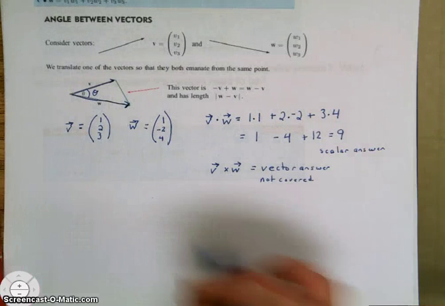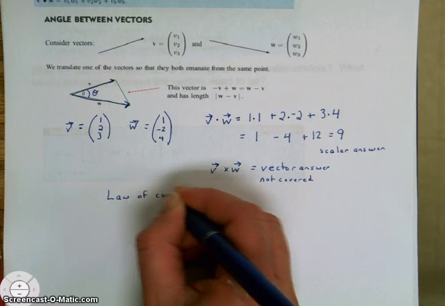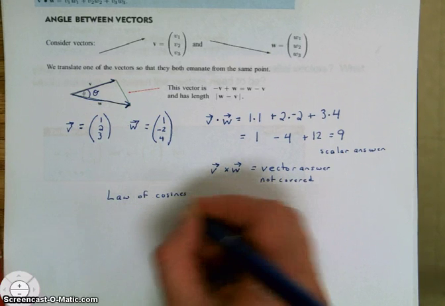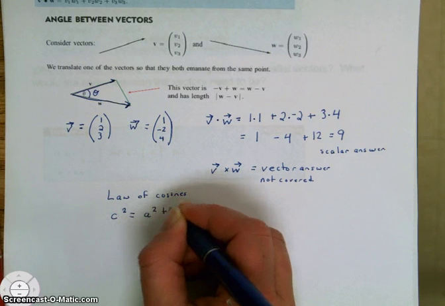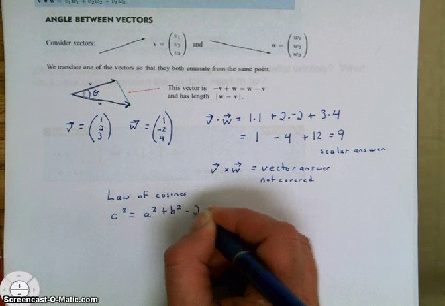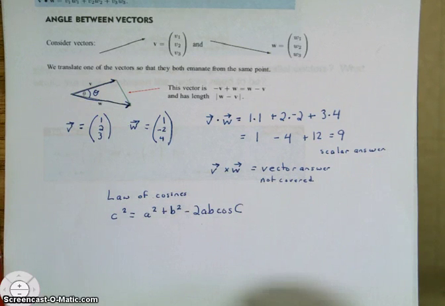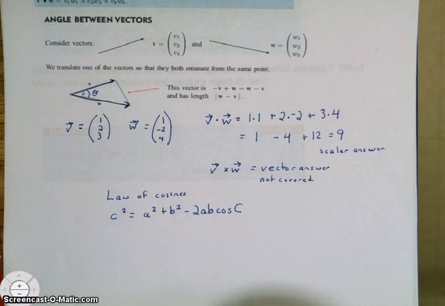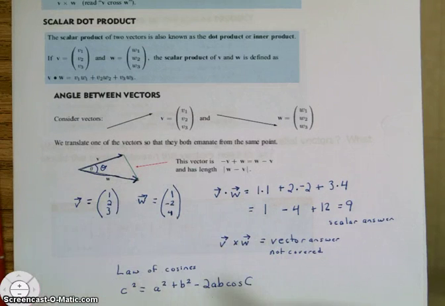Remember back, you have the law of cosines because we have a nice little triangle there. The law of cosines looks like c squared equals a squared plus b squared minus 2ab cosine c. Really you're just going to be looking at these as three sides of a triangle. So you have v and w emanating from the same point.